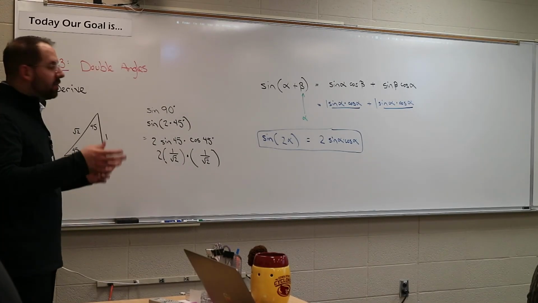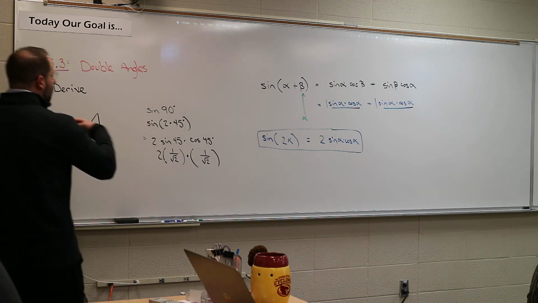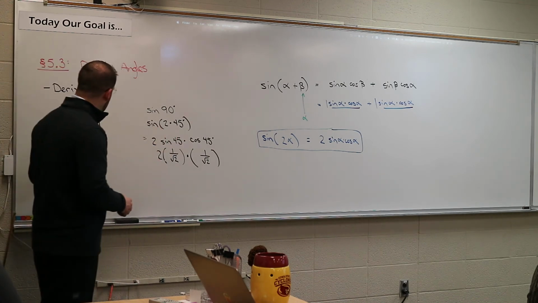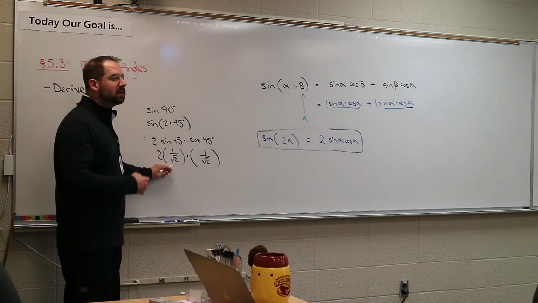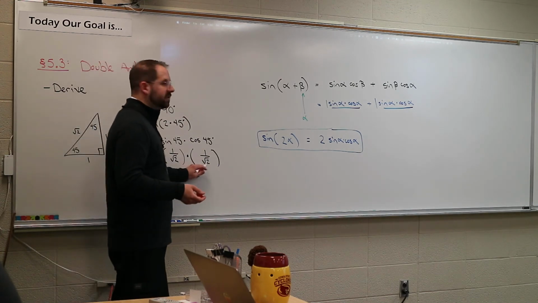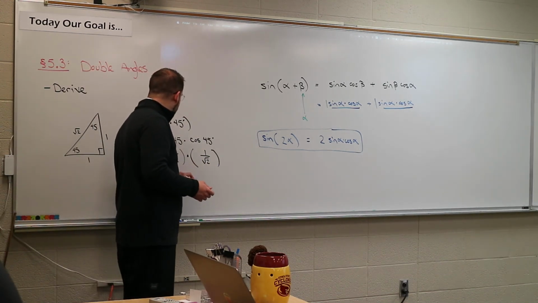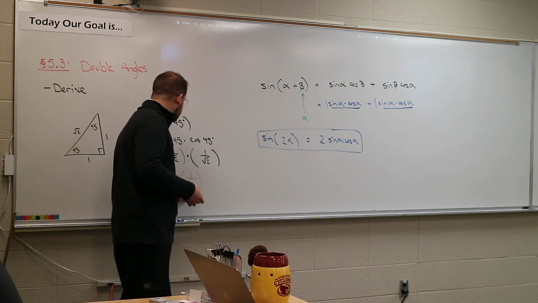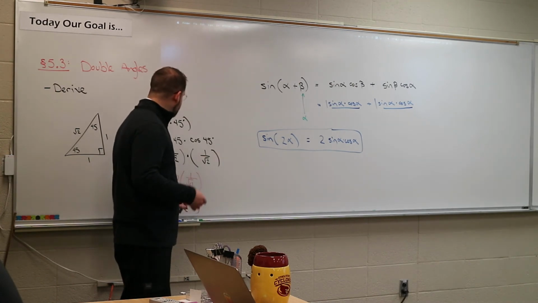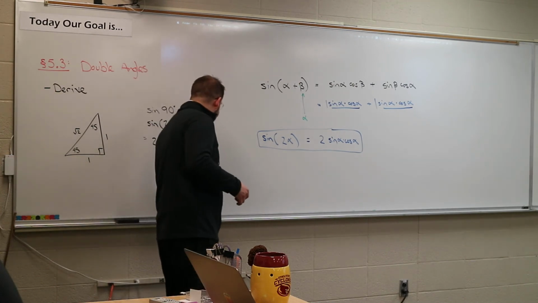So we have the 45s plugged in. We multiply straight across, and notice I didn't simplify these because when I multiply straight across anyways, they're going to simplify each other. It's going to be 1 over root 4 when you multiply those two parentheses together, which is 1 over 2, because the square root of 4 is 2. And when you multiply it by 2, I get the answer of 1.